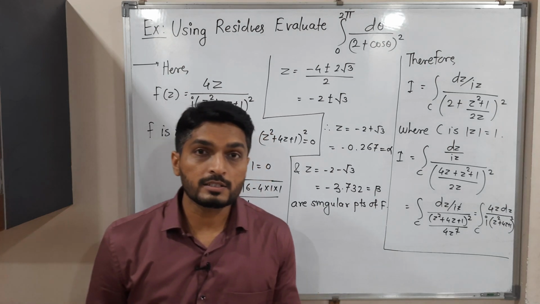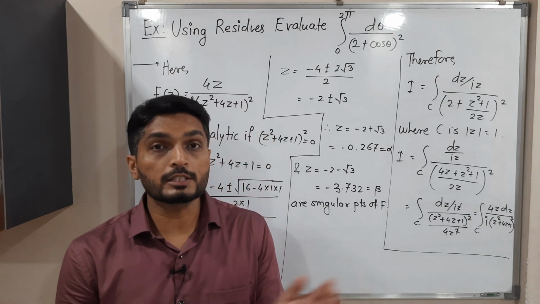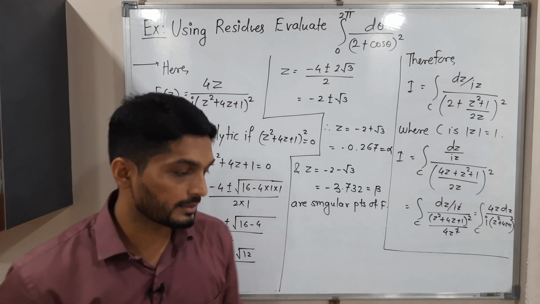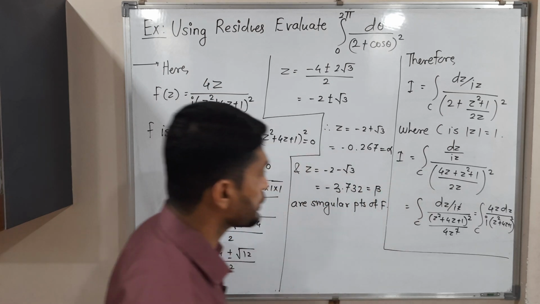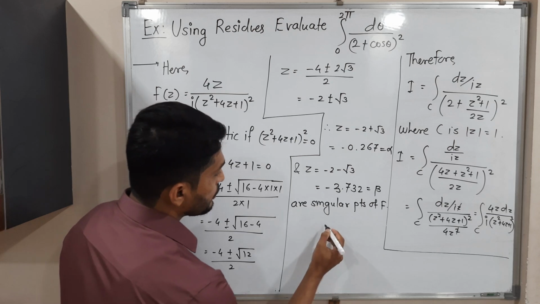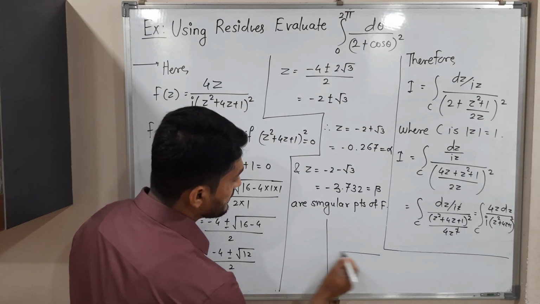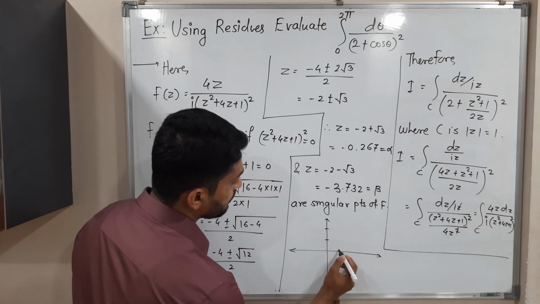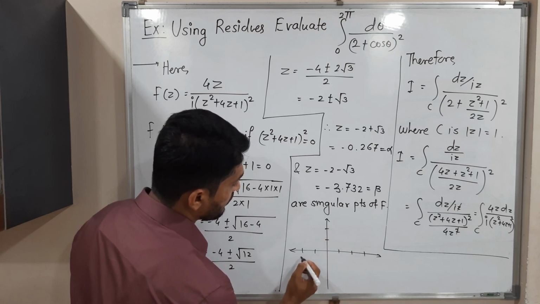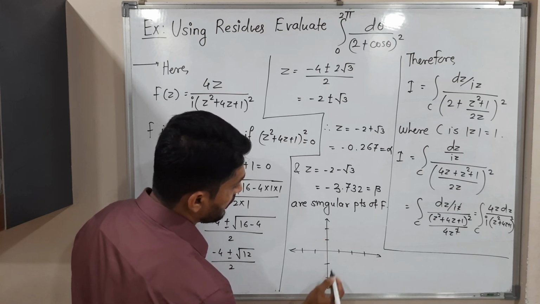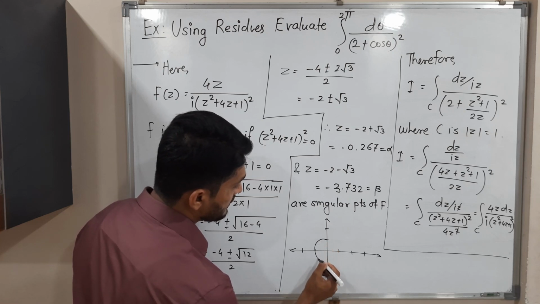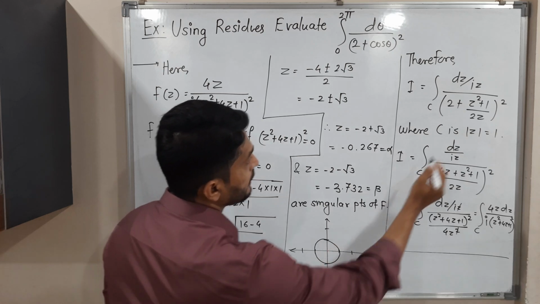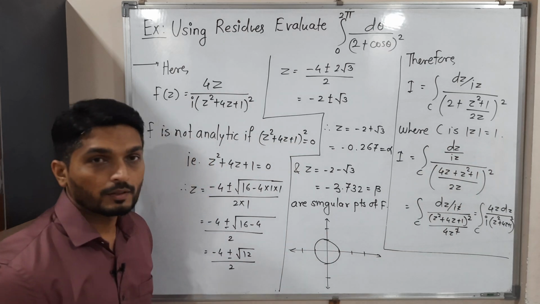So our next task is to find whether these points lie inside the circle or outside the circle. We have its exact value, so we can easily write here. So this is the imaginary axis, this is the real axis. Let us have some scaling. Okay. We have a circle with center 0, 0, radius 1, unit circle, mod z is equal to 1.